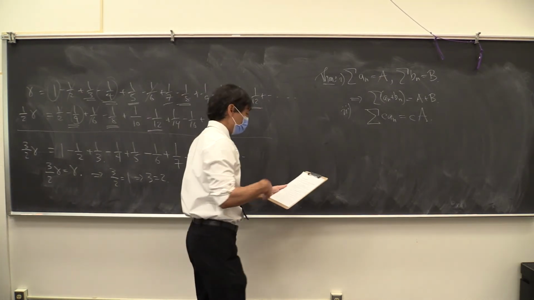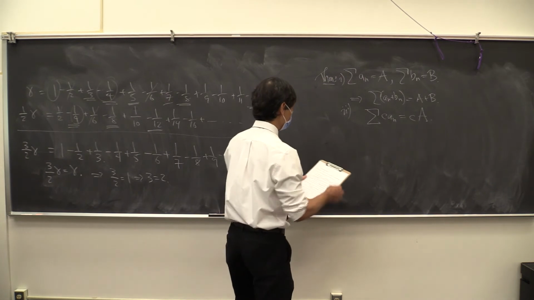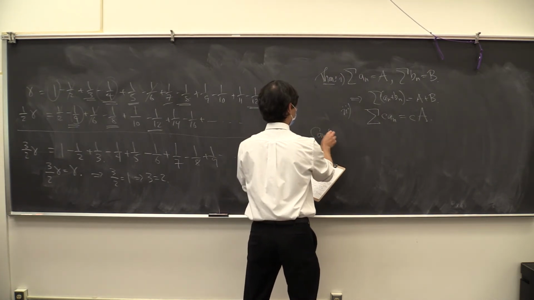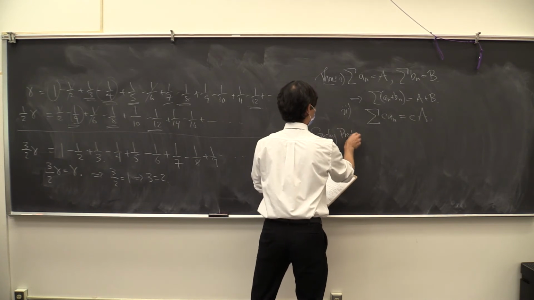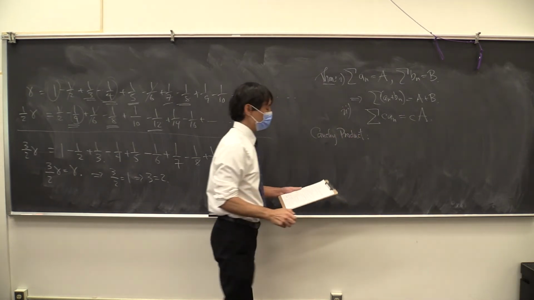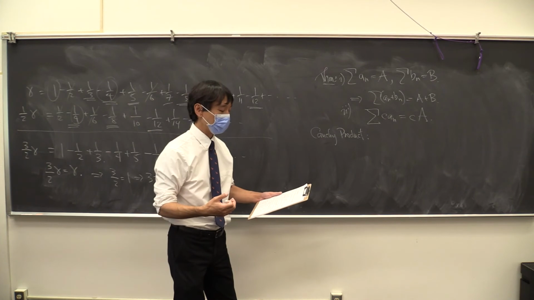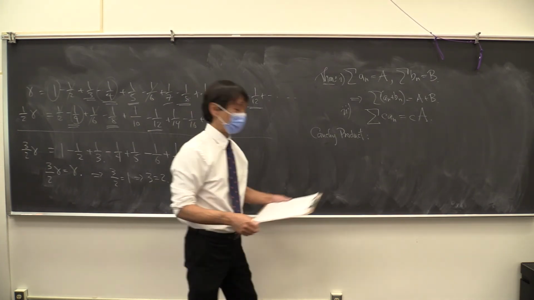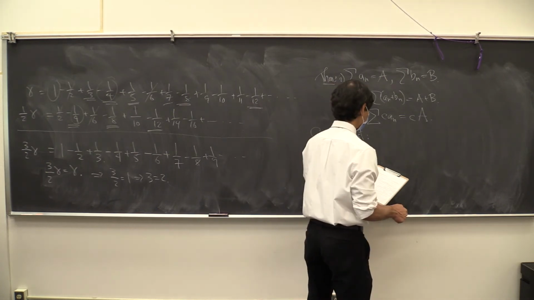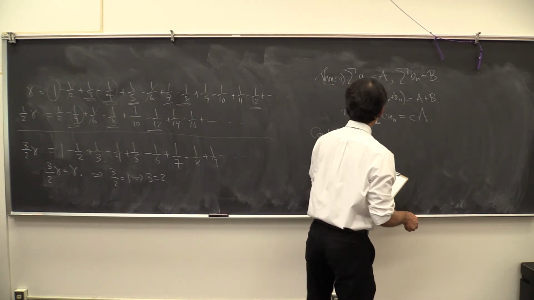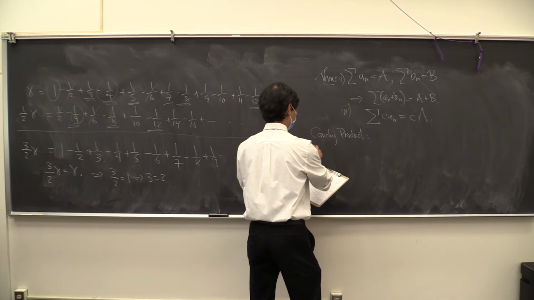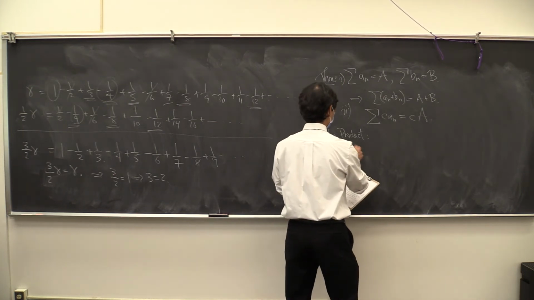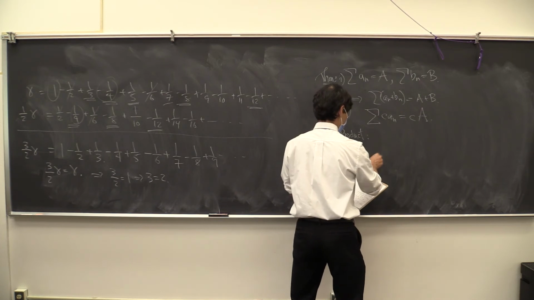What we're going to spend the rest of the class on is something called the Cauchy product, which you want to think of as sort of like the product of two series. So here's the definition. You have two series, a sub n and b sub n.